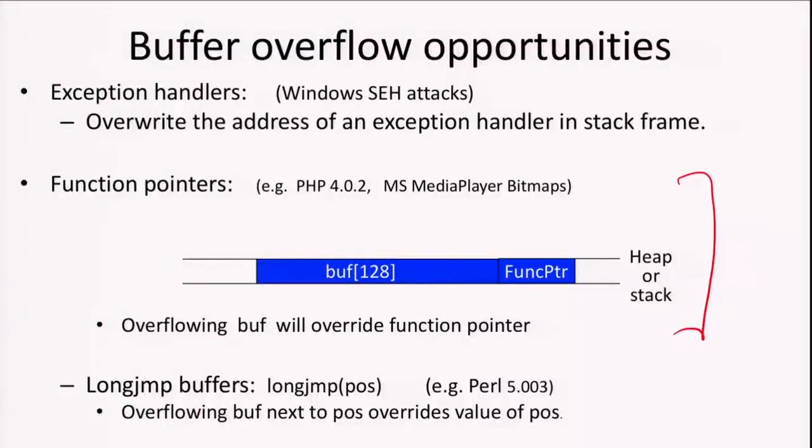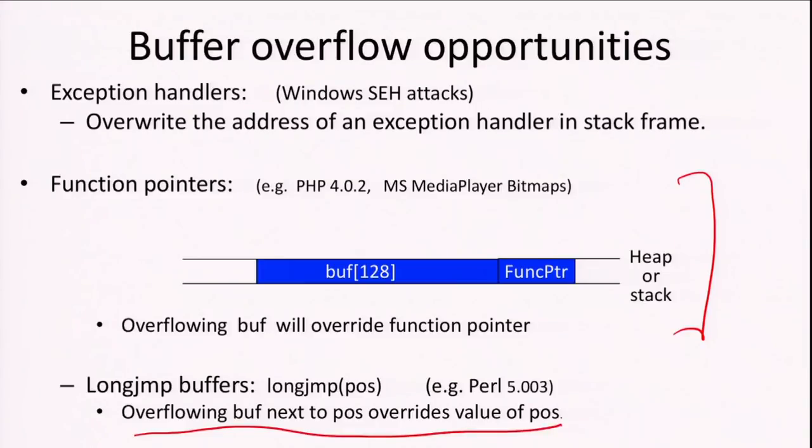Also, in our example, we saw a function pointer was overwritten. In that case, you are not overwriting a return address or function pointer from the stack, but the function itself has function pointers, and these function pointers being overwritten could lead to malicious code. There is also a problem with longjmp.